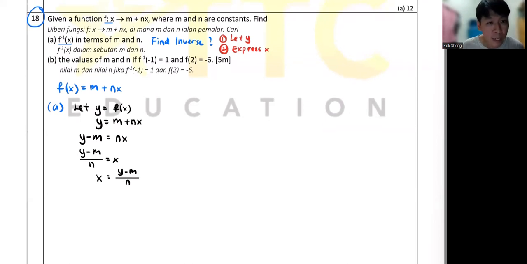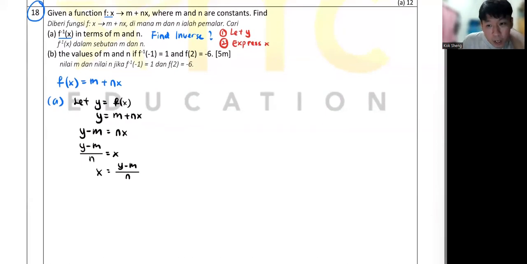So let y, express x. This is your inverse. Now we can write the answer already. Remember the object, right? The object just now is x, but because of the inverse, object and image are reversed. So the bracket here now you have to write y. Then copy down the answer.